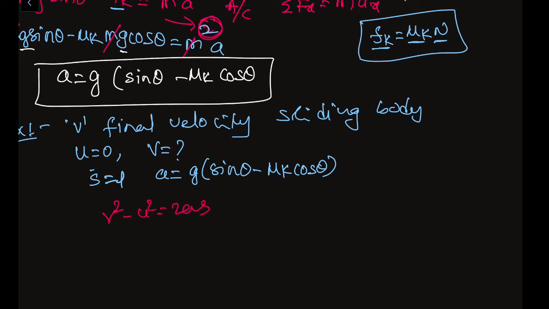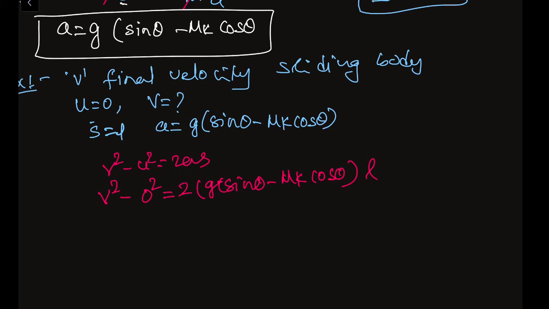So v square minus 0 square is equal to 2 into g into sin theta minus mu k cos theta, into l. Now v square is equal to 2gl into sin theta minus mu k cos theta.